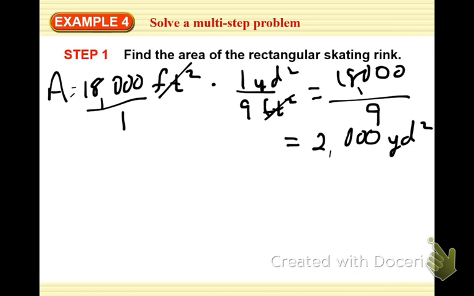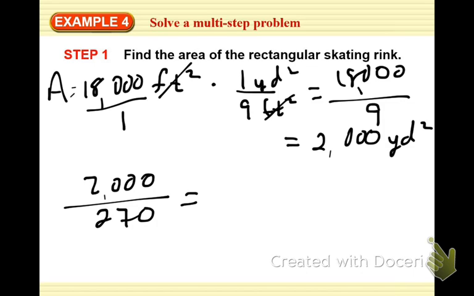It wants to know how long it's going to take the Zamboni to clear it. Well, the Zamboni will do 270 square yards in a minute. So if we've got 2,000 square yards, we just divide by the 270 to find out how many minutes it's going to take. And we do that, and you get about 7.4.